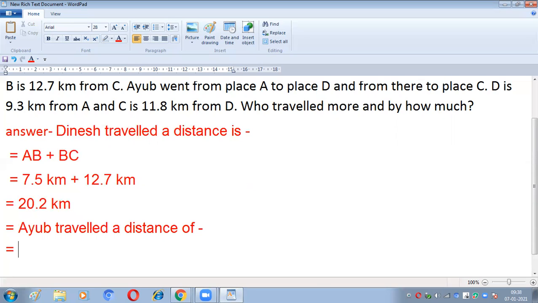He traveled A to D, so here we will write AD. Then from D to place C, so here we will also write DC. AD plus DC.